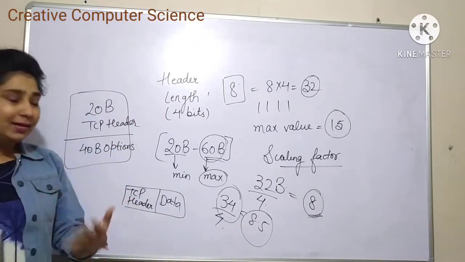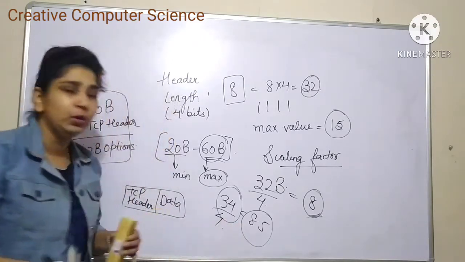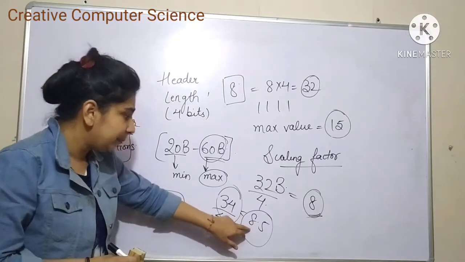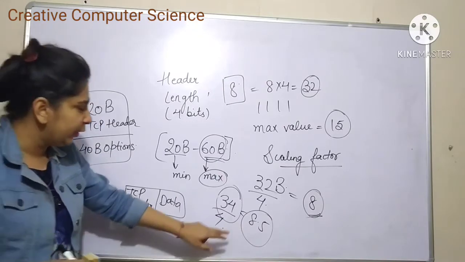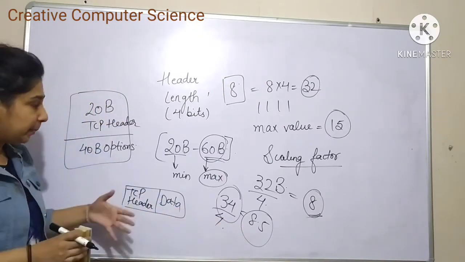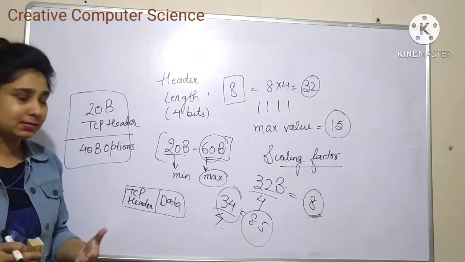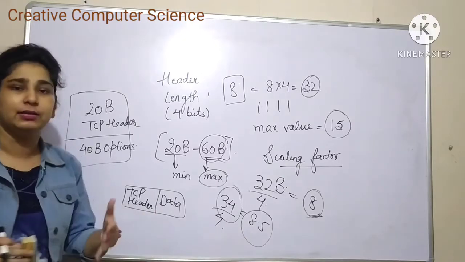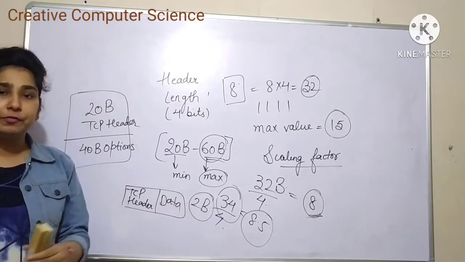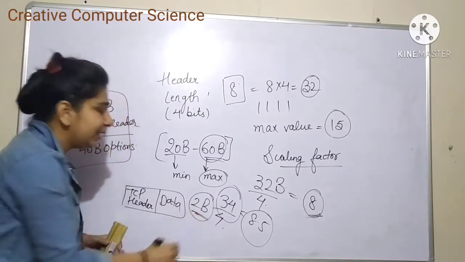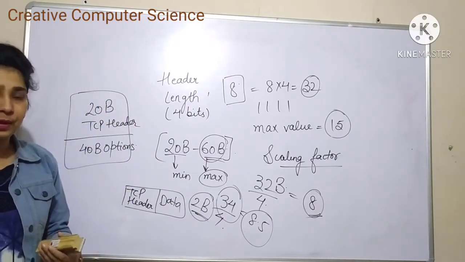Okay. But we can't place the floor value. The floor value of 8.5 is 8. Okay. Because if you do it like this, 2 bytes of your header are going to be part of the data.